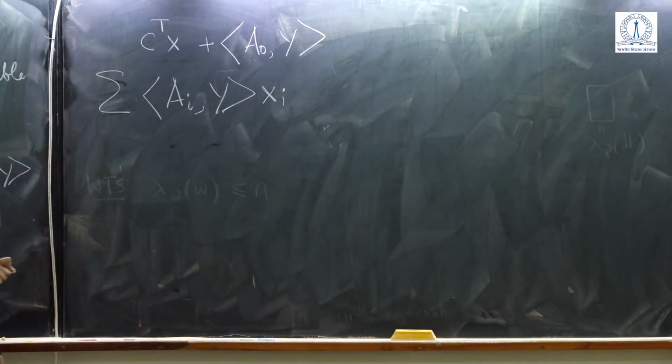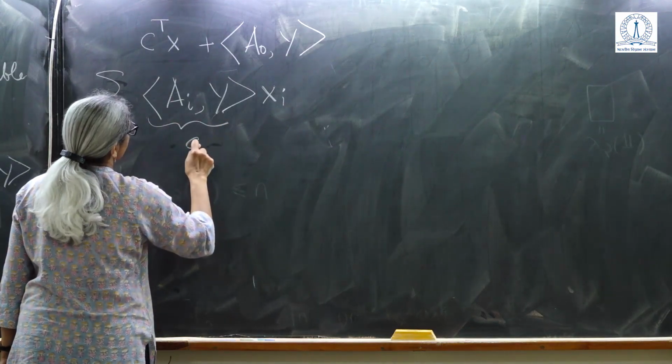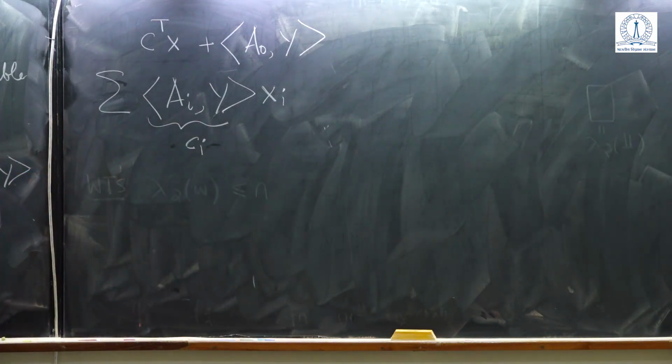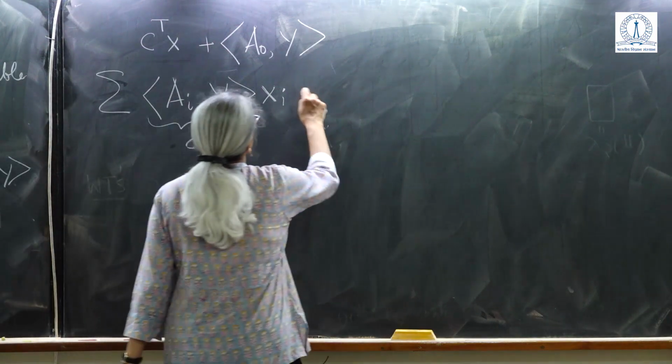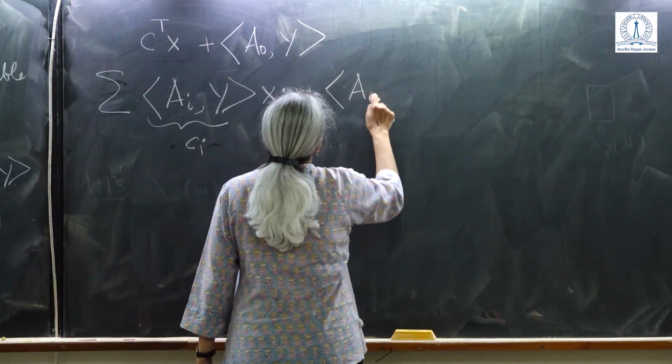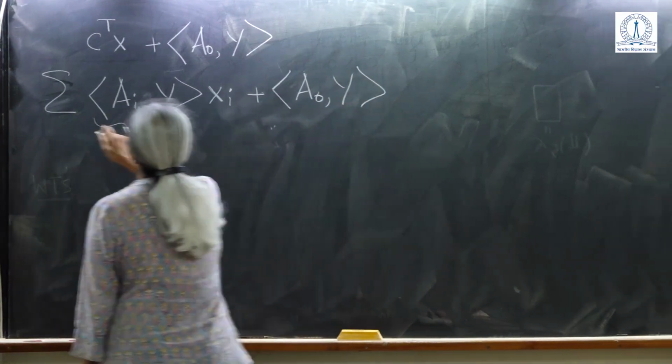That's what the C transpose x is, because this piece is Ci from here. So I have that plus A0 y.